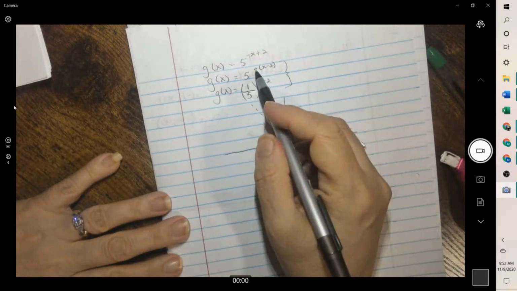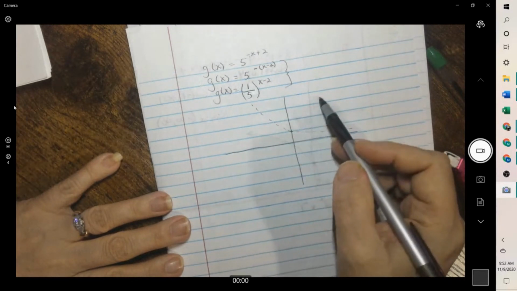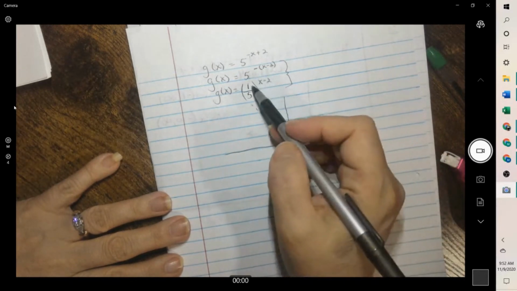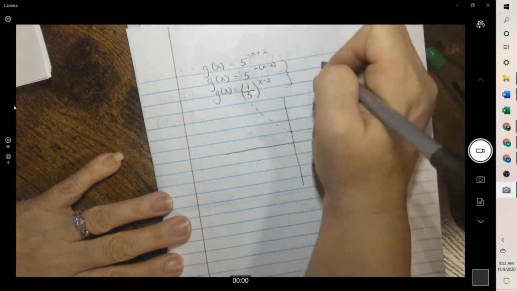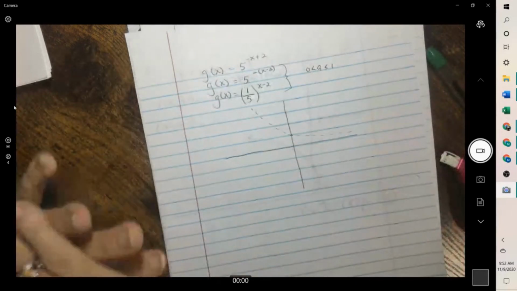So if you look at it this way, you would think that it flips on the y-axis. So what was going here flipped. Or if you write it this way, a is between 0 and 1, so it's decreasing. Either way.